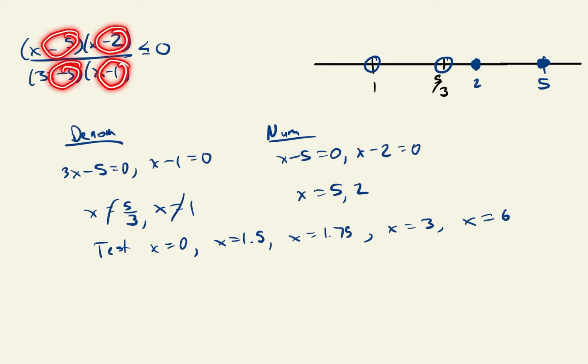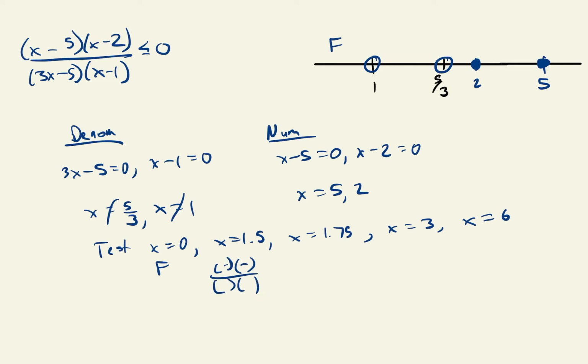If you plug in 0 into each factor, you're going to end up with a negative times a negative times a negative times a negative. 4 negatives makes a positive. A positive is not less than or equal to 0. So this one's going to be false. If you enter 1.5, you're going to have a negative here, and a negative here.